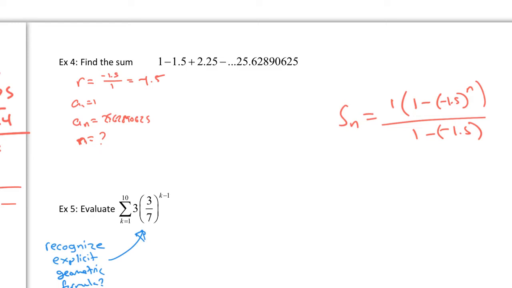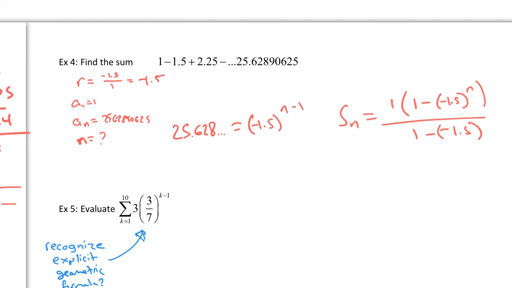And so let's take a look. We're going to use our a sub n formula, but I know the nth term is 25.6 whatever, so a sub n equals a sub 1 times r, negative 1.5, to the n minus 1.